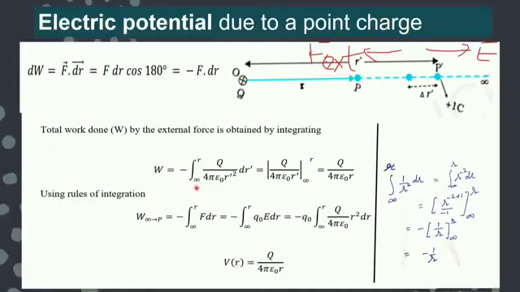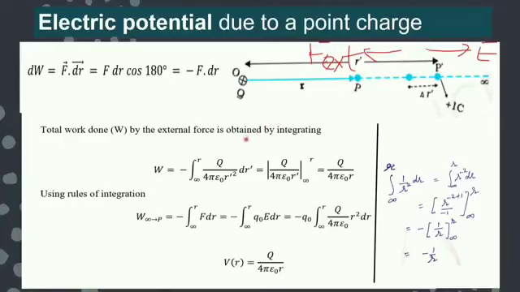I want to bring from infinity to R. So the value of F is already known to you. Now because I am bringing the unit positive charge, Q naught equals 1 unit.